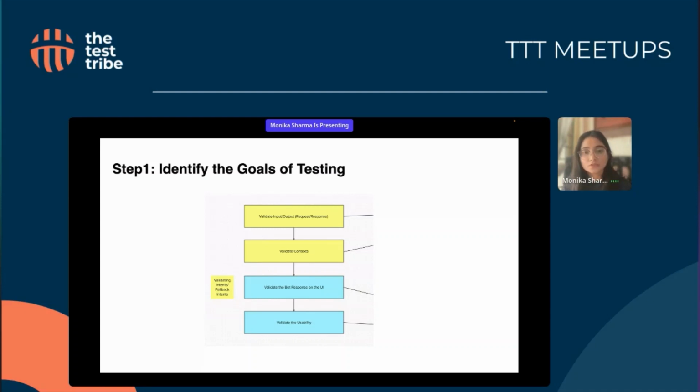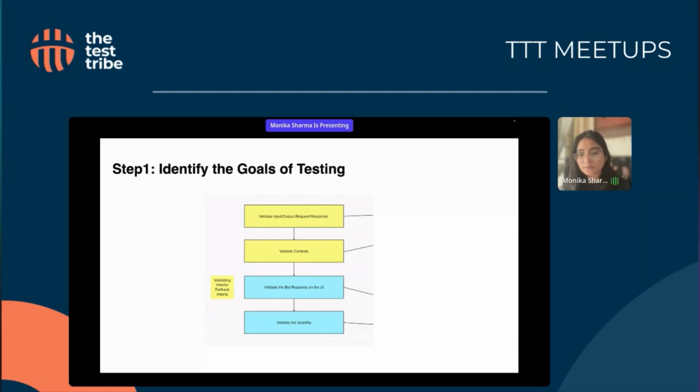So irrespective of whatever the pieces are, we first have to identify what we are going to achieve with testing. In this case, that is validating input output, basically request and response, validating context, basically the conversation flow, and validating the bot response on the UI. On the UI specifically, how the bot is responding, and how we can see the response.